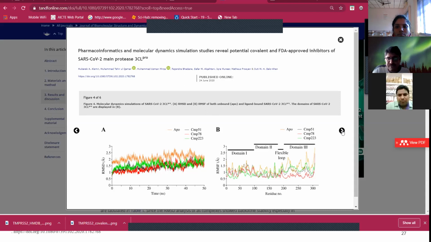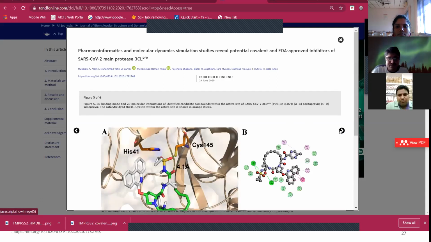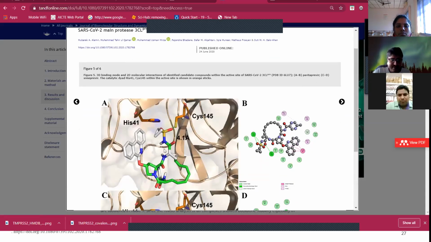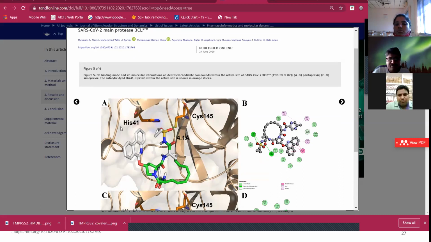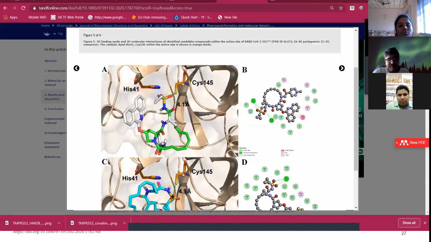So this is how we need to focus on that. Here you can see molecules having a non-covalent interaction between the cysteine and the site of this M pro.